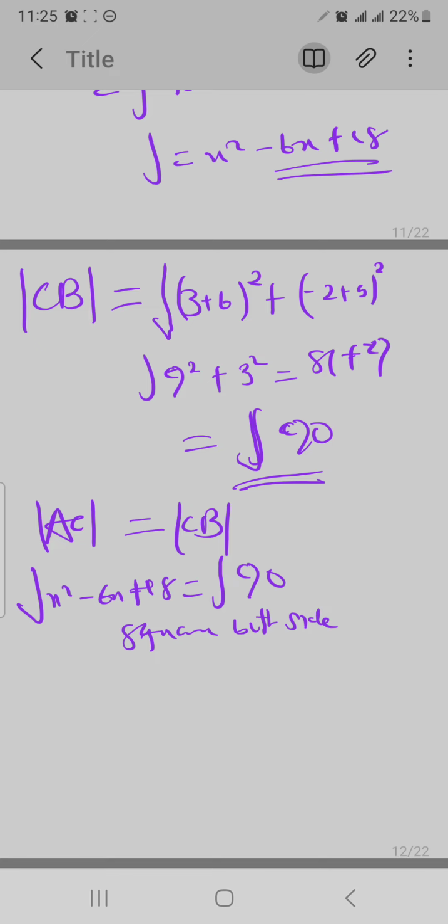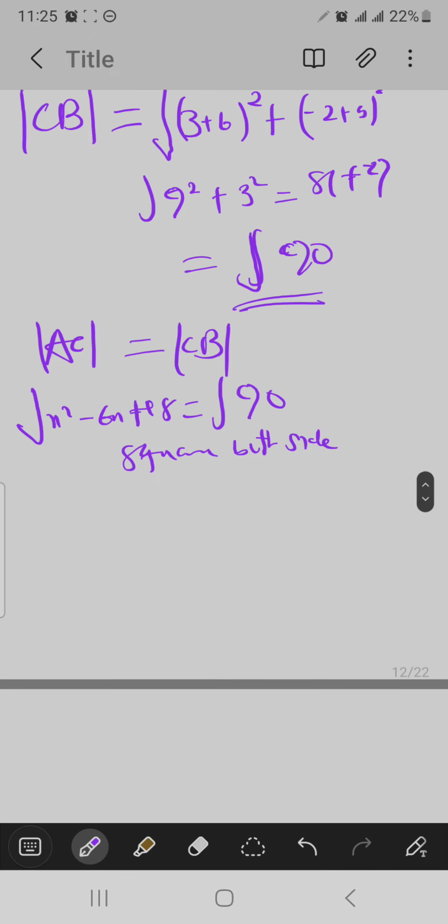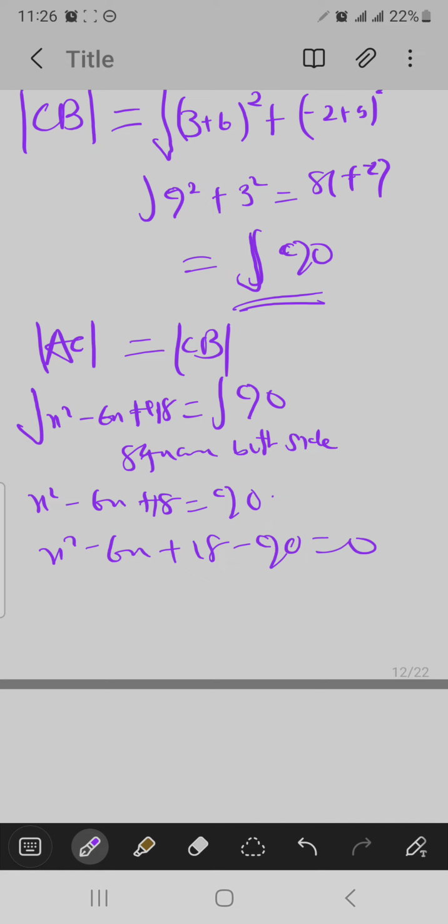When I square both sides, it means that all the square roots go. x squared minus 6x plus 18 equals 90. It is 18. This one will now be x squared minus 6x plus 18 minus 90 equal to 0. This one becomes a quadratic equation now. So this one will be x squared minus 6x minus 72 equals 0.